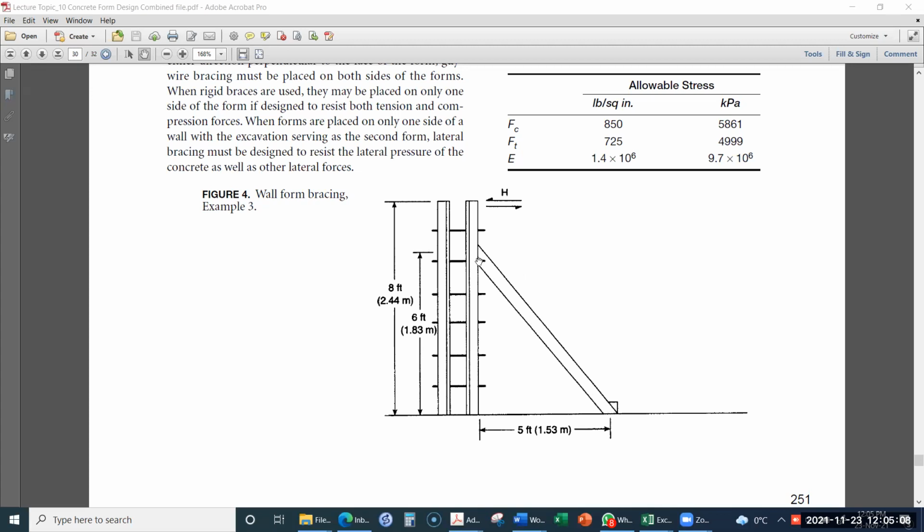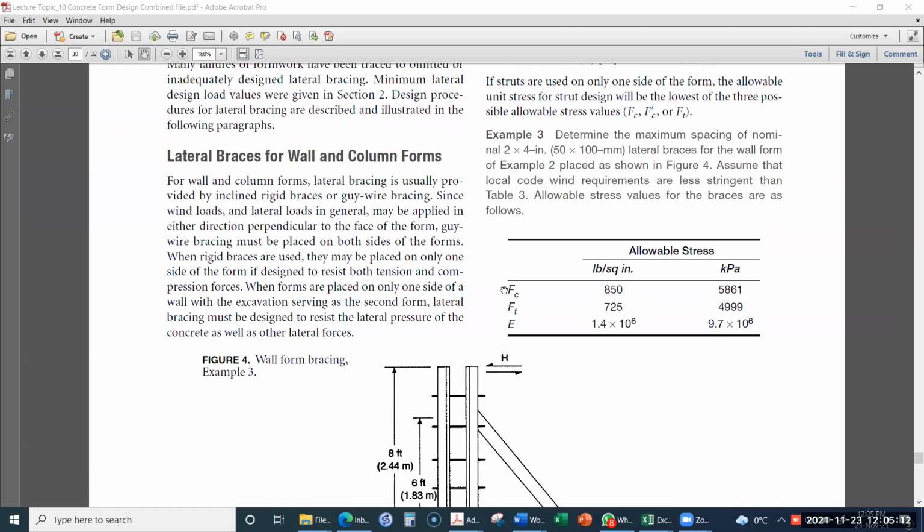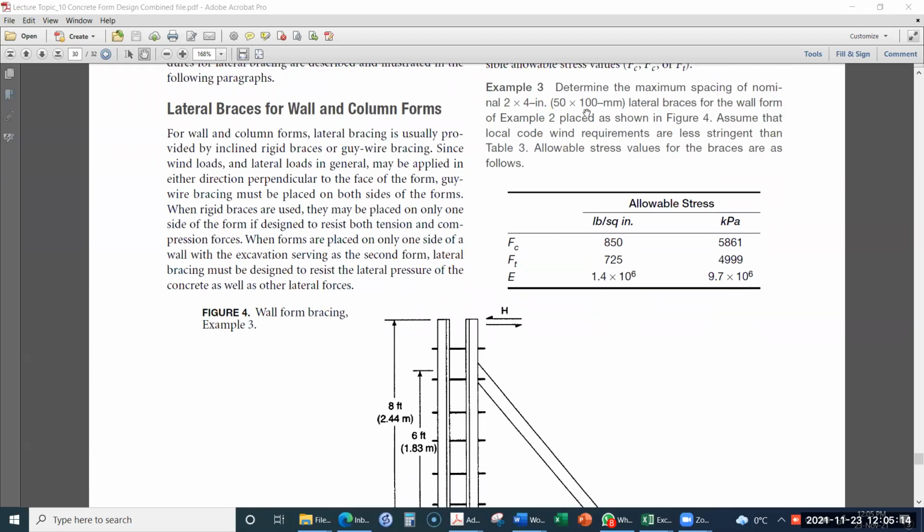So this external bracing design is to be considered over here. Example 3: determine the maximum spacing of a nominal 2 by 4 inch lateral braces for the wall form of example 2. This example uses some of the data from example number 2.